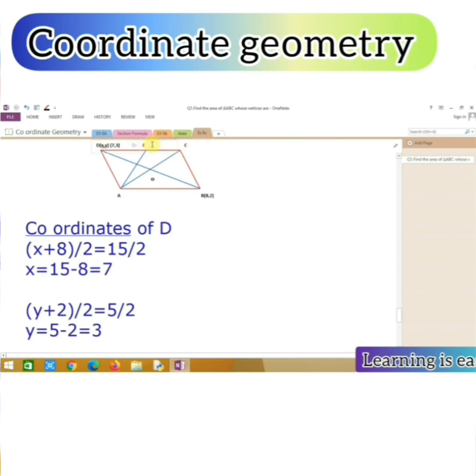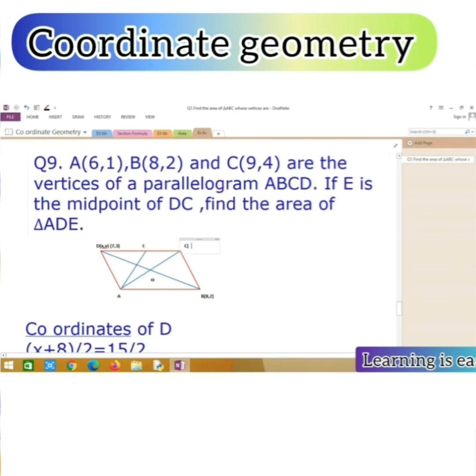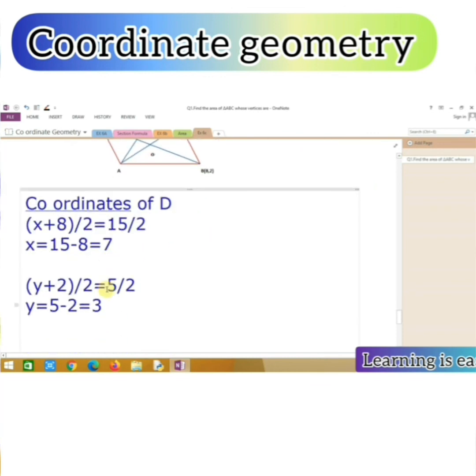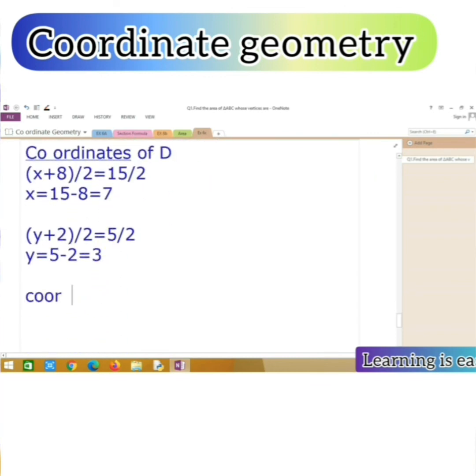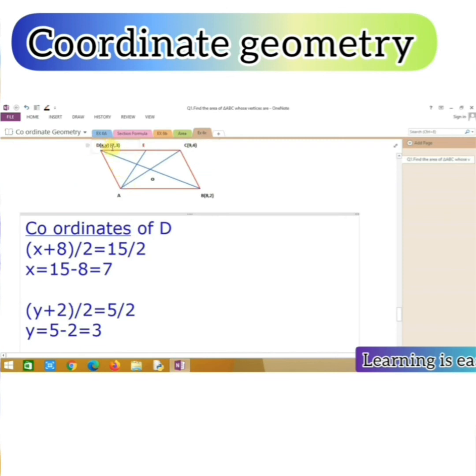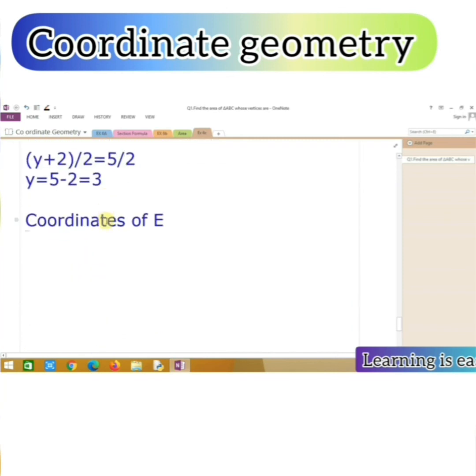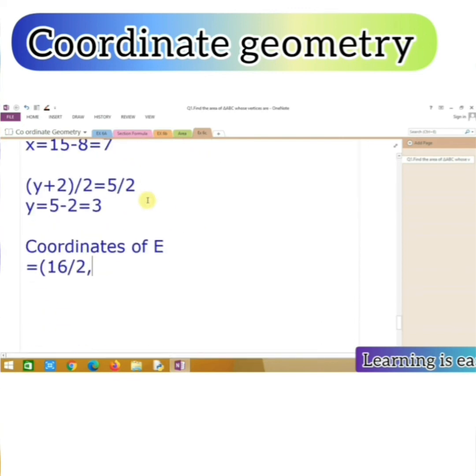Now we can calculate the coordinates of E, which is a midpoint of C and D. C is 9, 4. So coordinates of E can be calculated with the midpoint formula. 16 by 2, that's the x coordinate, and the y coordinate is 7 by 2.